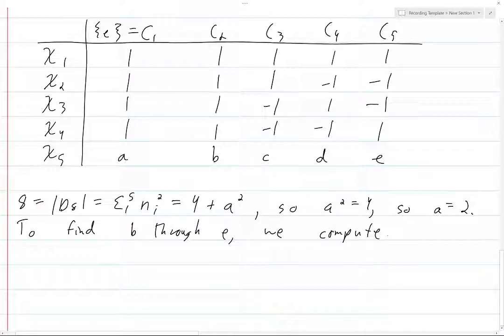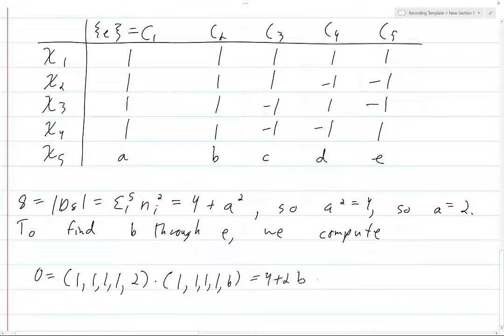So we're going to do 1, 1, 1, 1, 2, because that's our first column. I'm going to take the dot product with the second column, 1, 1, 1, b. So that's 4 plus 2b. So then 2b is negative 4, and so b is negative 2.